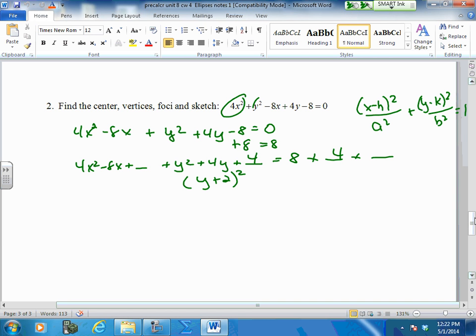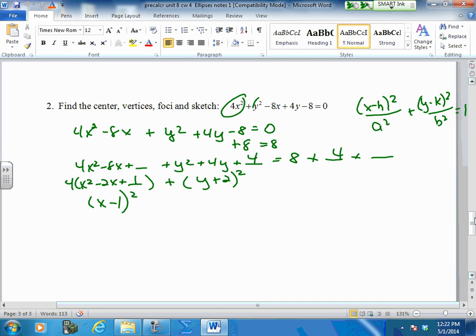So for the x squared we just factored out a 4. We had to make it 1. We did this a while back in the fall sometime. So what's half of negative 2? Negative 1.